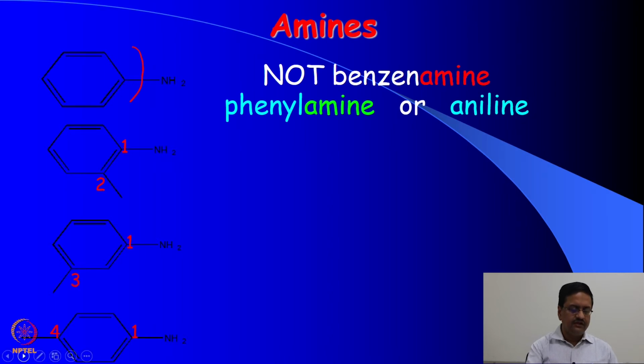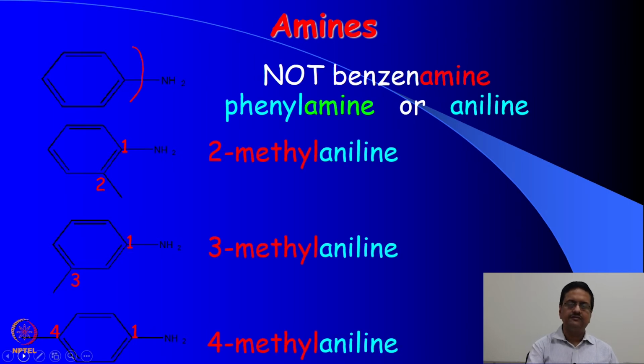Similarly, when you have multiple substitutions, you start numbering them following the same method that we have discussed in the previous lectures, apply the numbers and then write the corresponding names. So, in the first case it is 2-methyl aniline, the second case it is 3-methyl aniline, and the third case it is 4-methyl aniline.